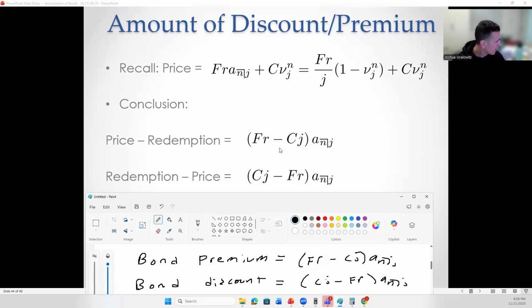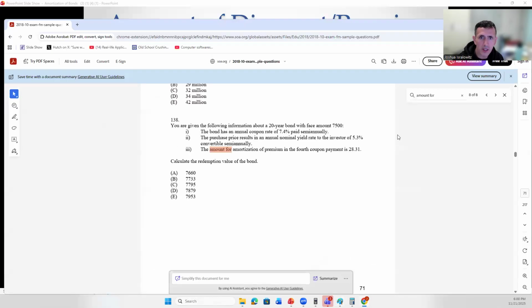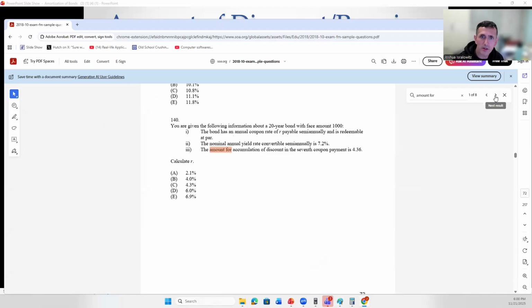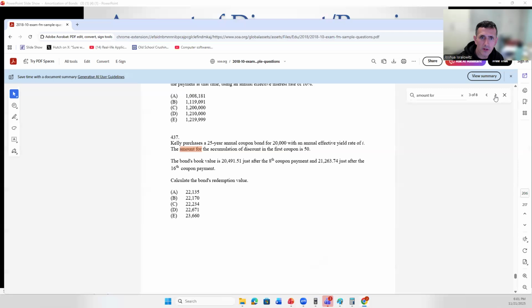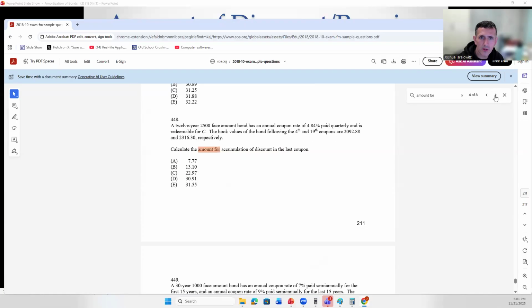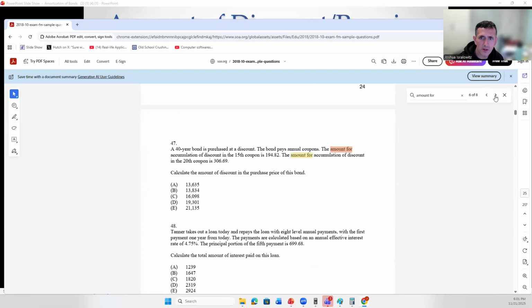Right. So let's do an exam question. Actually, I think this is basically one of the sample FM exam questions. If not, it's almost identical to one of them. Yeah, it's basically this one here that we're doing.